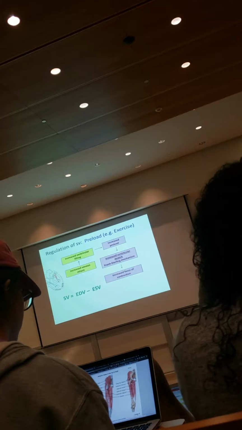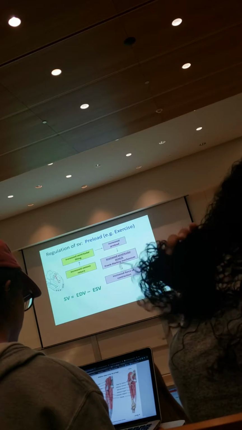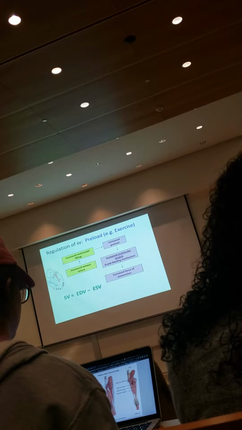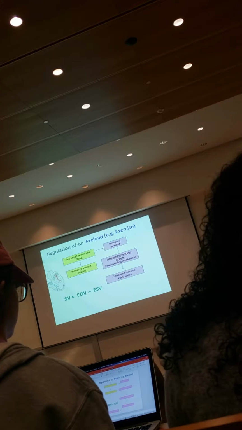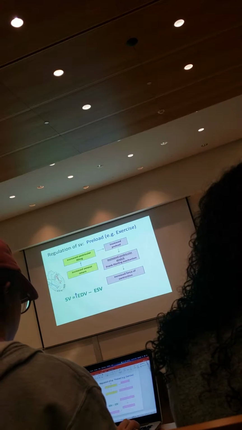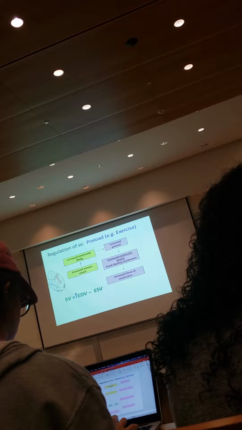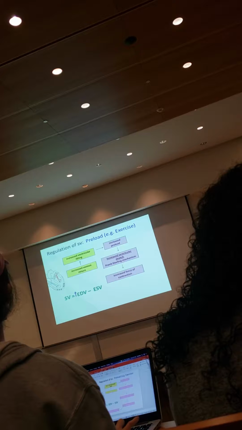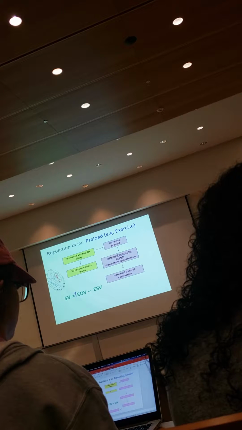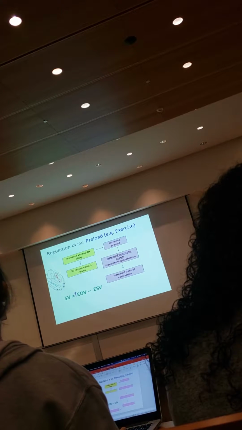So what about EDV? Guys, I want to hear you all. Is that going up or down? Or staying? Up, right? Great, I just increased the EDV. By itself, before we talk about Frank-Starling's law, did we already increase the stroke volume? Yes. Did we increase the cardiac output?